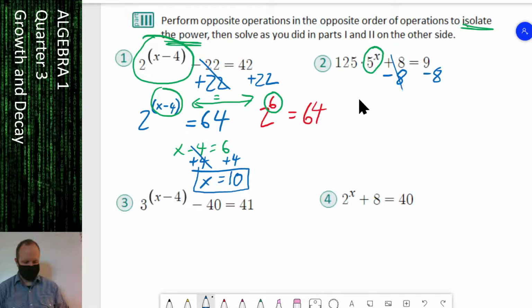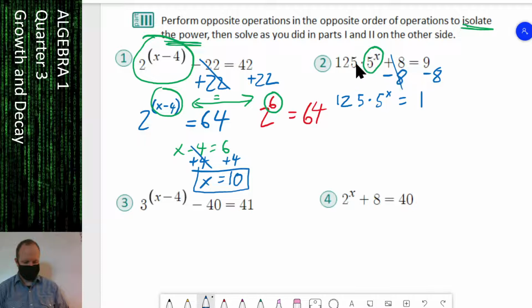Take it away. Let's go ahead and recopy our 125 times 5 to the x power. Our plus 8 is gone, so just write equals 1. Since we took away 8 from both sides, 9 minus 8 left us with 1 over here.